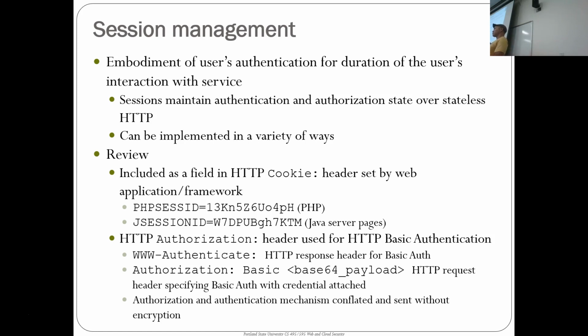Then the user types in the username and password, and sends in the subsequent request a request header called authorization, labels this as a basic auth attempt, and what's in the payload is a base64 encoded username password field. The server will decode it, check the credentials, and allow that access. Okay, so this is just review.